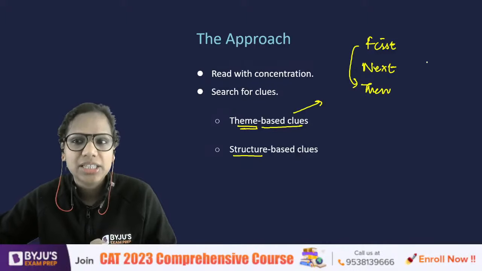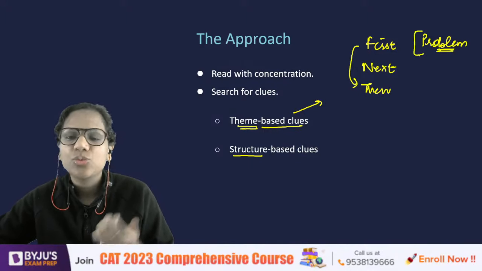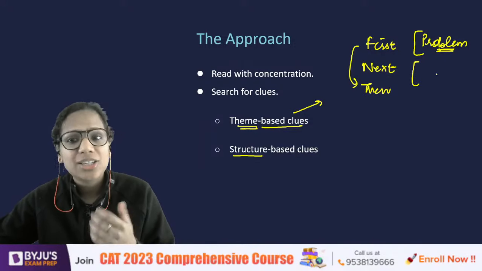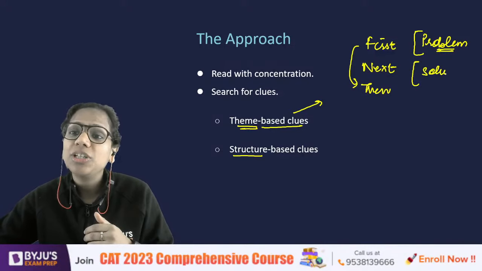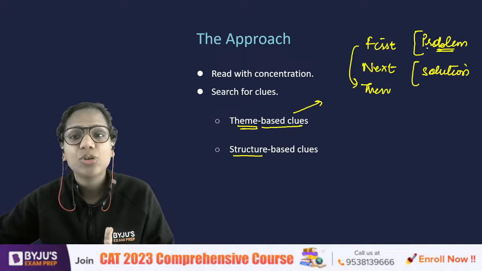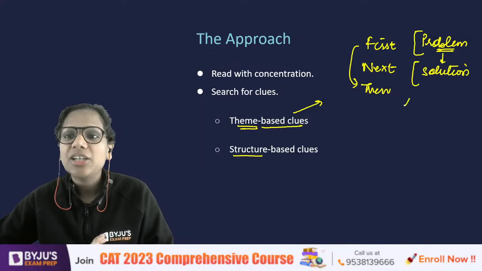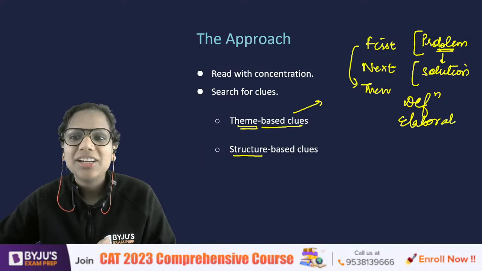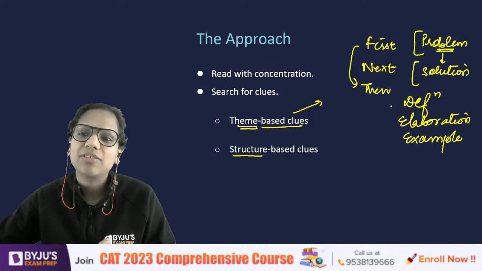Your structure can look like this also: let's say the first two sentences introduce a problem. The next two sentences perhaps elaborate on that problem, or they may simply jump to providing solutions. That may also happen. So it becomes a problem solution structure, right? It may be a definition, elaboration, example structure. So pay attention to the structure. Every paragraph is going to have a structure.